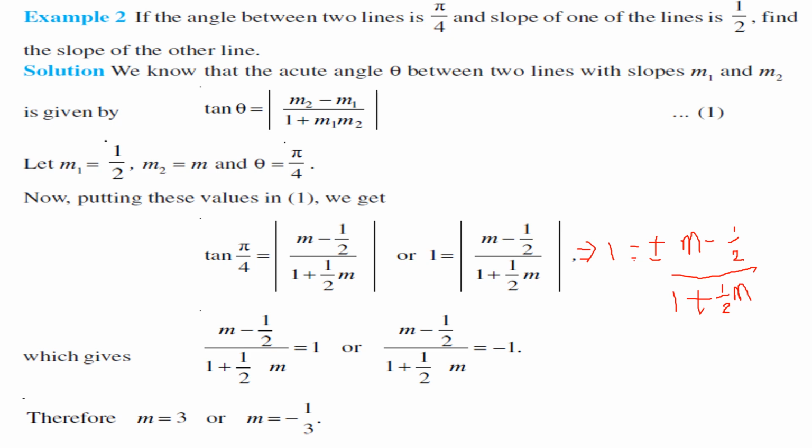Understood this step, my children? Here we removed the modulus symbol on the RHS. So then we wrote the LHS as it is, 1 is equal to plus or minus (m minus 1 by 2) by (1 plus 1 by 2 m).